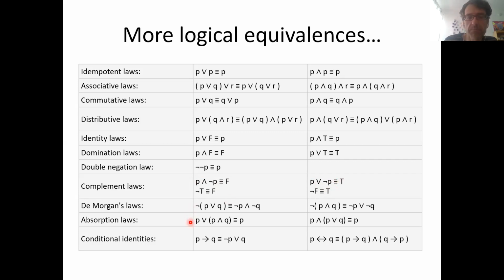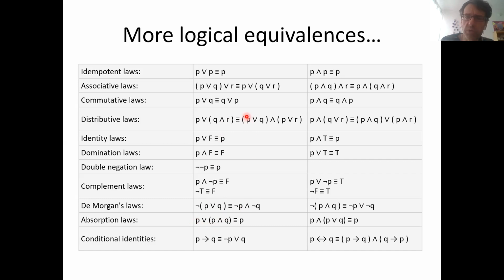De Morgan's laws. These we have seen. These two, distributive and absorption, are not obvious. You kind of have to stir them a little bit and read them slowly and then see, aha, yes, okay. So let's not go through them. Obviously, you can verify them on your own.